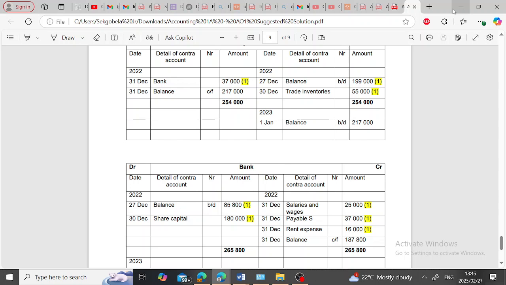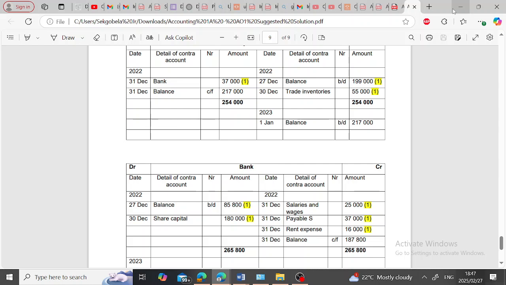So next year we owe our payables 217,000 instead of the 199,000. This is how much we owe them at the beginning of the next year. Is everyone following? Good.